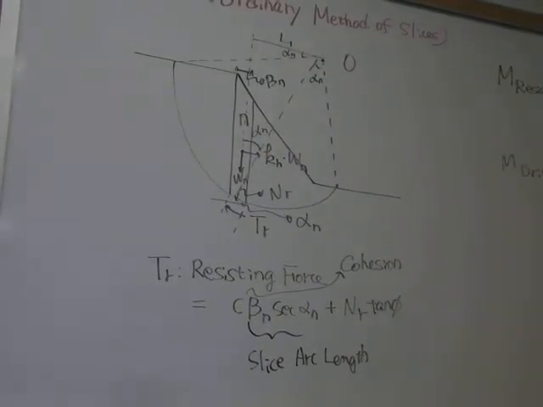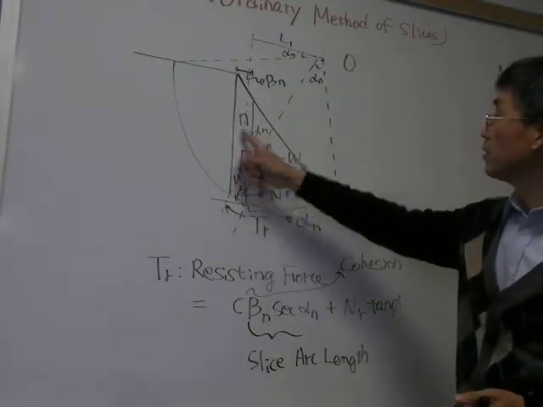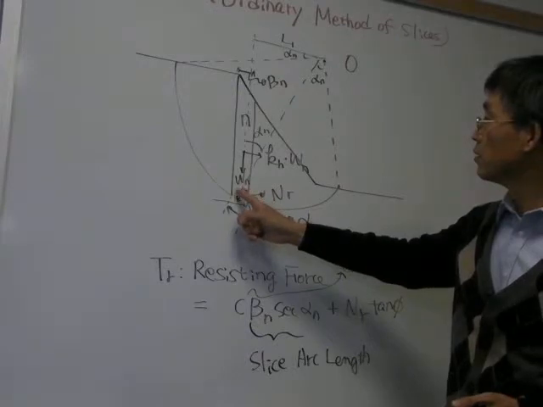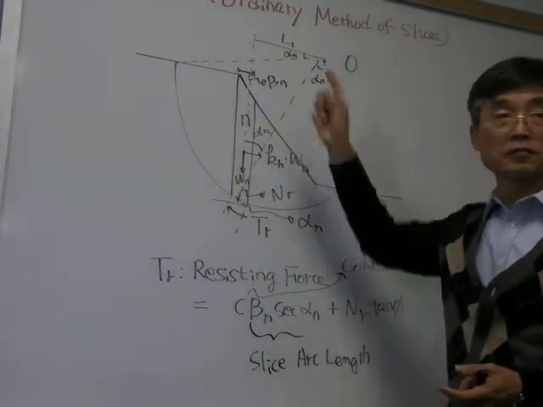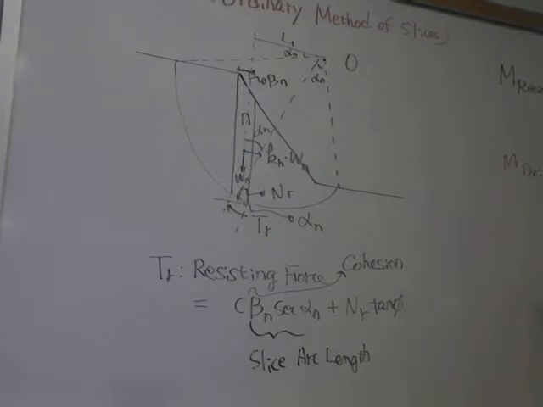Is L1 from here to the middle of this slice? Would that not be cos? I think it's sine. Always sine, cosine, tangent.